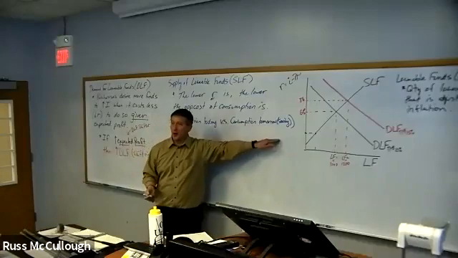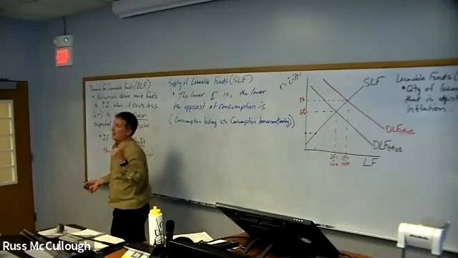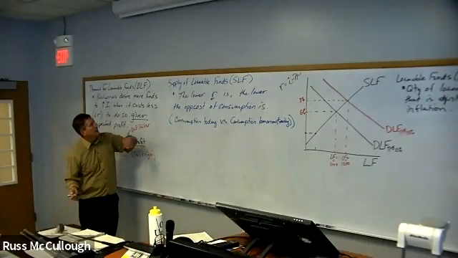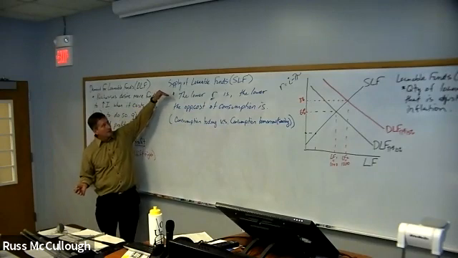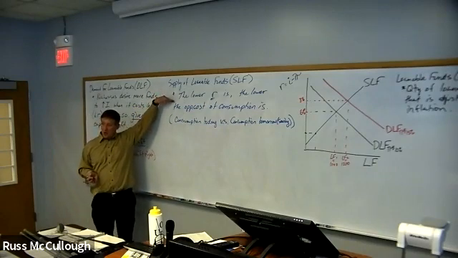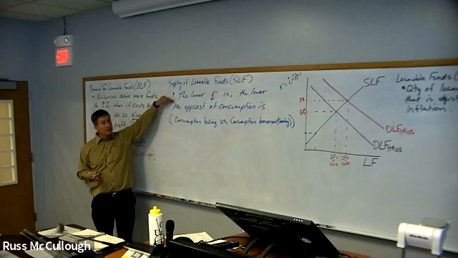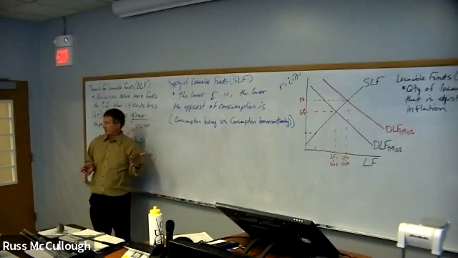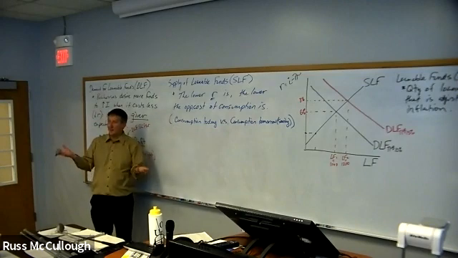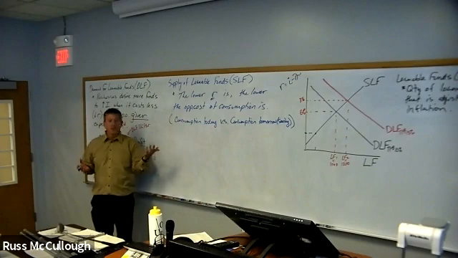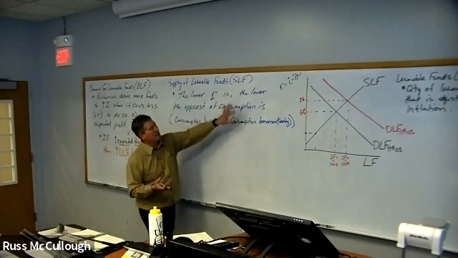Consumption tomorrow means you're saving today. So if interest rates are low, does that give you incentive to save today? No. It's like, oh, they're only 2%, 1%? Shoot, might as well just buy some pizza, right? So we're going to save less money.